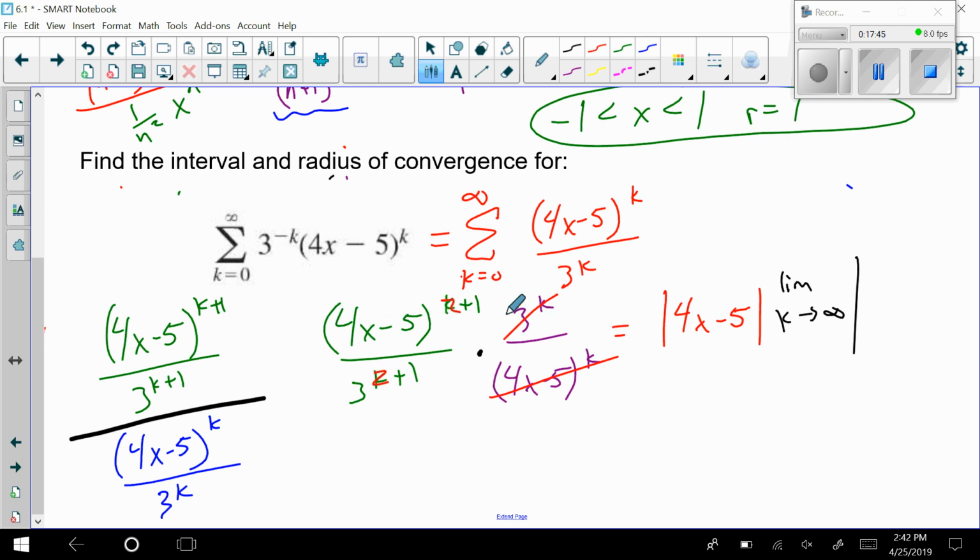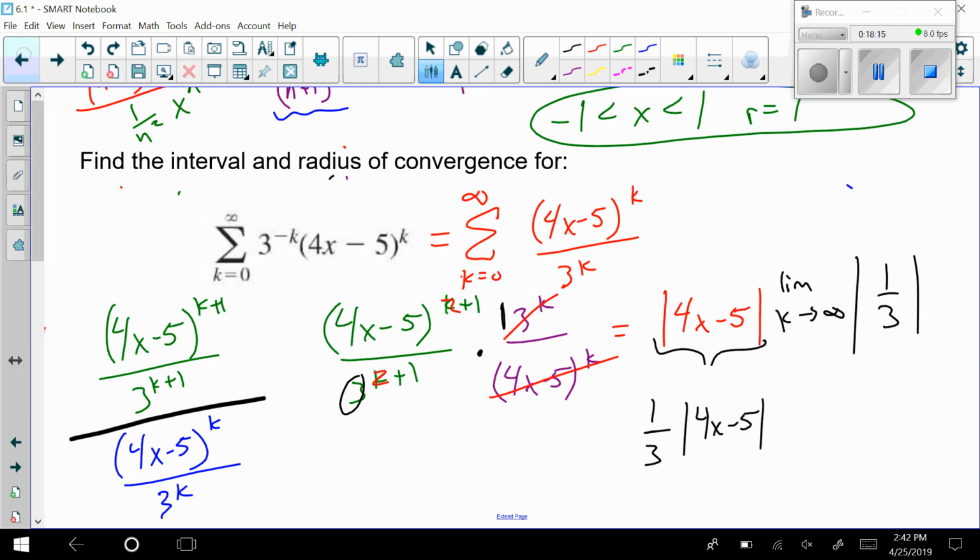There's no k's. There's a 1 up here, and there's this 3, so that's 1/3. As k increases, does it do anything to this? Well, no, it stays as 1/3. So I have 1/3, and then this needs to drop down.